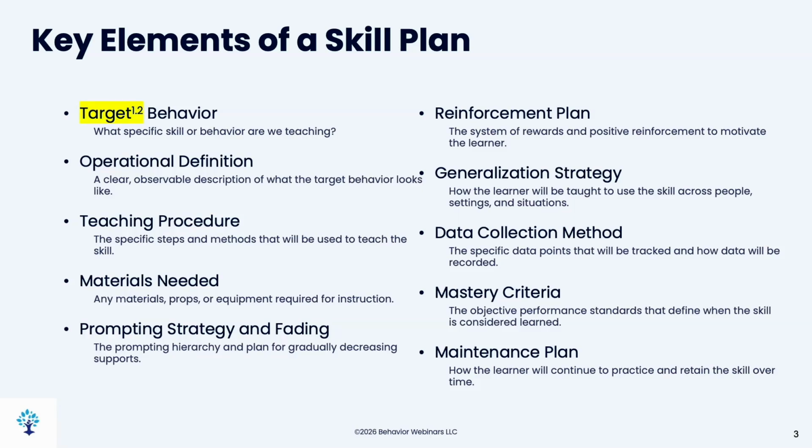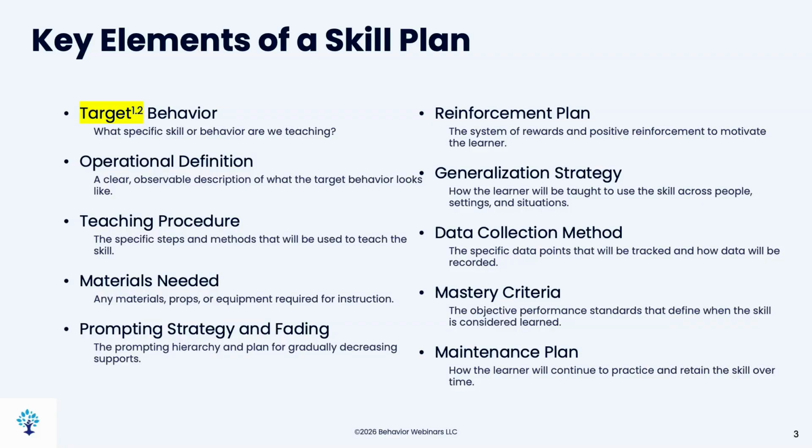Having multiple teachers does help that generalization. We'll have a data collection method, so the specific data plan that will be tracked and how the data will be recorded. Mastery criteria, the objective performance standards that will define when the skill is learned. And then a maintenance plan, how will they continue to practice this skill once you're gone?